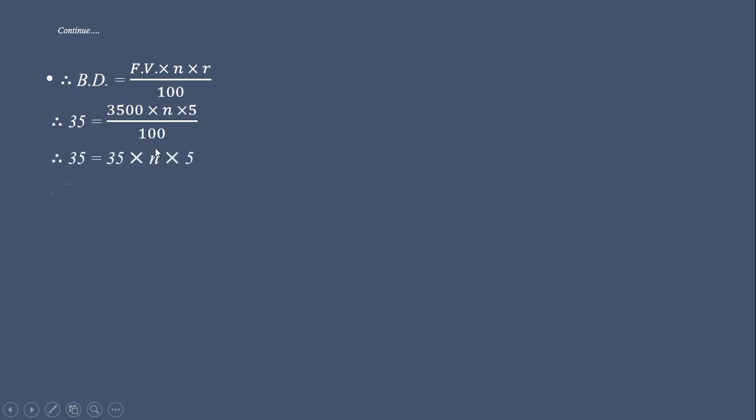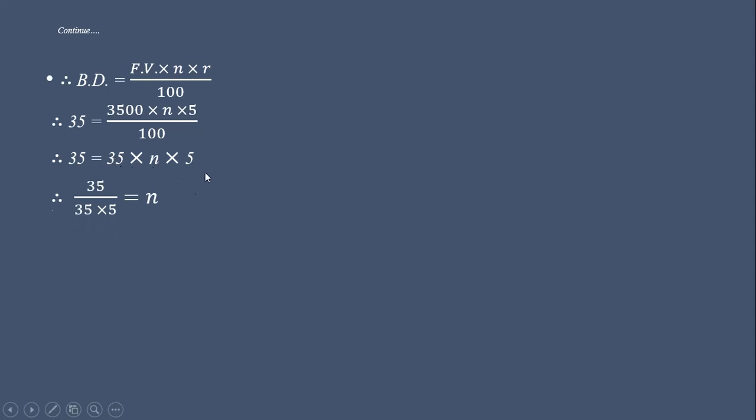So let us see here. Banker's discount BD is equal to FV into N into R upon 100. We substitute the values. Banker's discount is 35, FV is 3500 into N into 5 upon 100. Cancelling these two zeros, 35 equals 35 into N into 5.